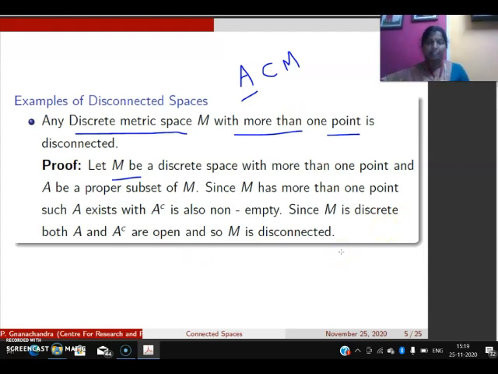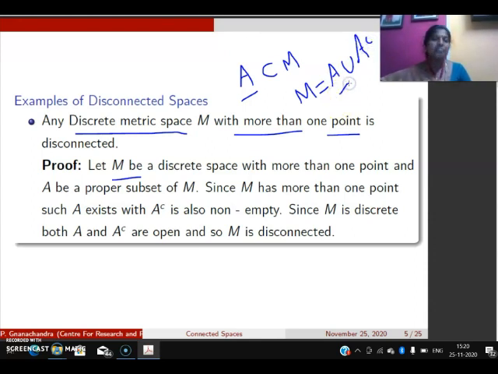Therefore, A complement is also not equal to empty. Since M is a discrete metric space, both A and A complement are open subsets of M. Therefore, M can be written as a union of two non-empty open sets, that is A and A complement.